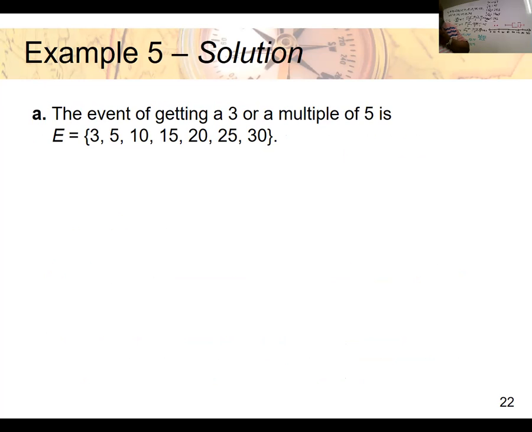All right, so here, this is the event of getting a 3 or a multiple of 5.